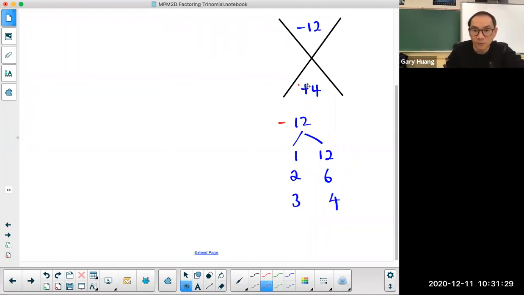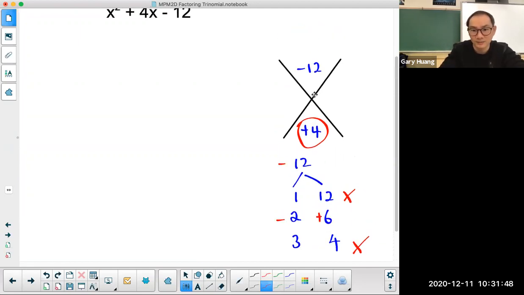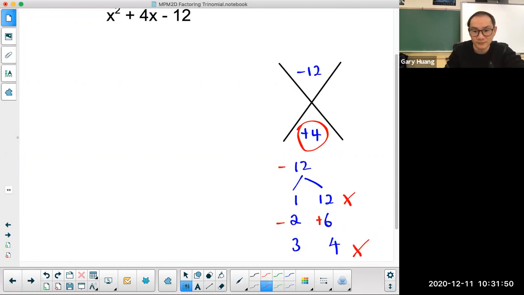Now, how do I make a 4? 1 and 12 is not going to make a 4. 3 and 4 is not going to make a 4. 6 and 2 can make a 4 if I do 6 minus 2. 6 subtract 2 is 4. So that's going to be a plus 6 and a minus 2. So a product of negative 12 and a sum of positive 4. Negative 2 and positive 6 are the two factors that I want.